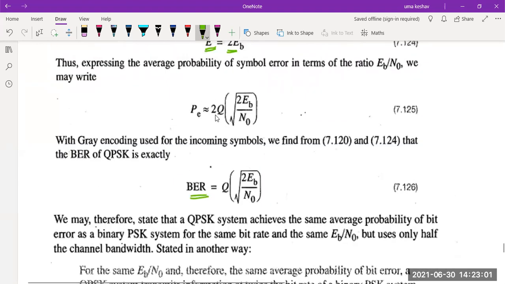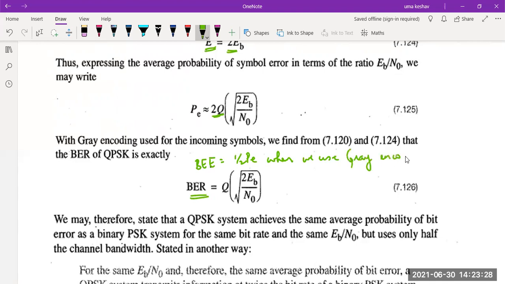See here, whatever we had as 2 times, with gray encoding, what happens? This PE and BER, bit error rate, will become half of PE. The probability of error, whatever I had, becomes half when we use gray encoding.